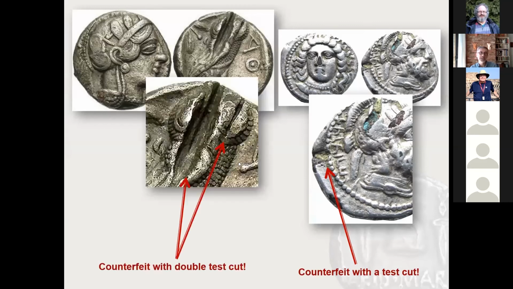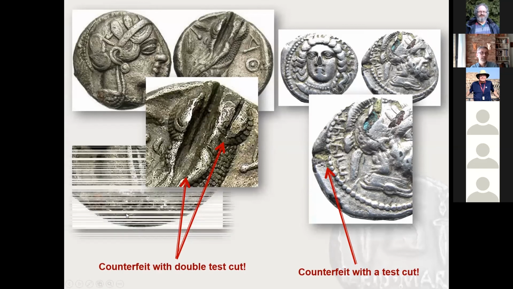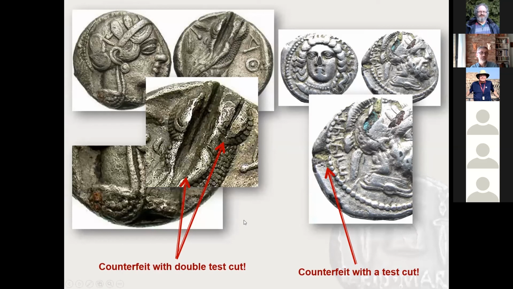And this one is really interesting. This one, or both of them, have multiple test cuts. And this one, they did a shallow test cut here and a very, very deep test cut here. Yet, you can see in time the silver wore off, and you can see the bronze core underneath.